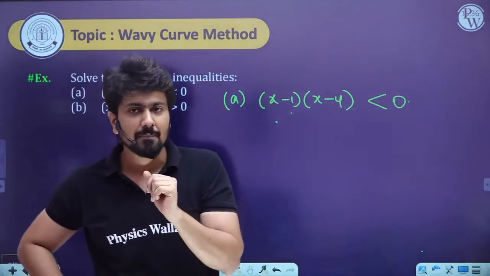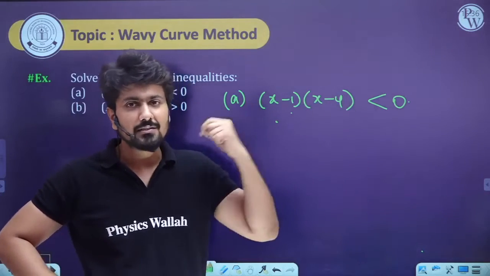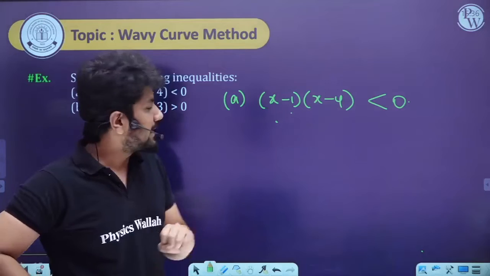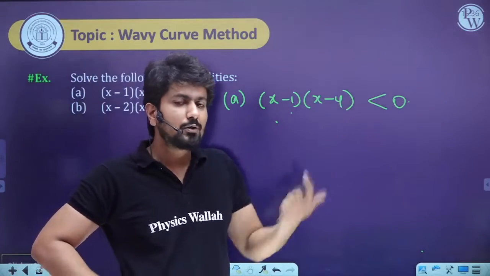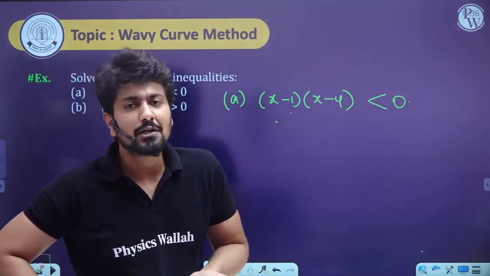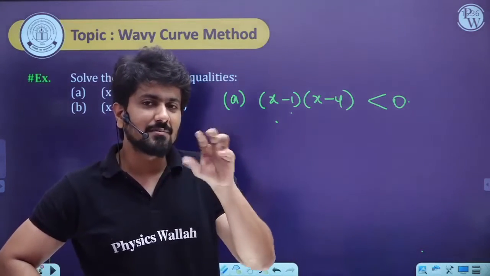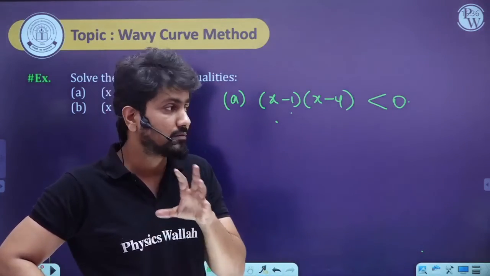Do you understand that? At x equal to 2, this factor is positive, but this is negative, so the product is negative. What about x equal to 0? At x equal to 0, this is minus 1, this is minus 4. Again, what's the product of minus 1 and minus 4? That will be positive. So basically, try some different values of x so that you get a little bit of an idea. Okay, that's what's happening.